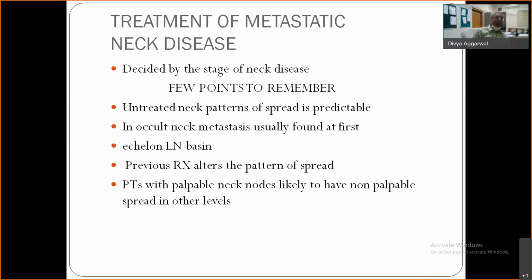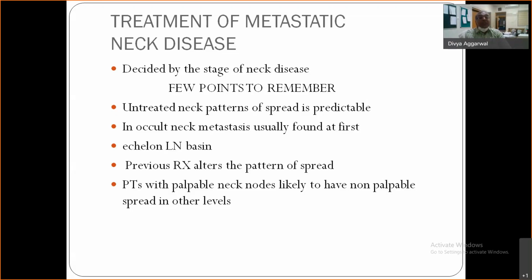Now, treatment of metastatic neck diseases. It is decided by the stage of the neck disease. A few points to remember. The untreated neck pattern of spread is predictable. Some say that when you have done a neck dissection, the neck nodes actually form a barrier to further spread of cancer.